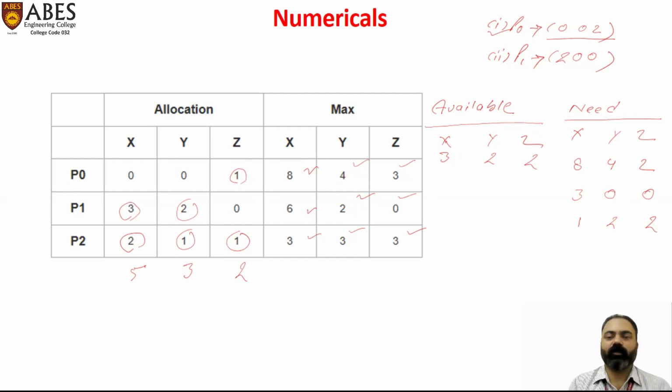So if we allocate, then Z allocation will increase and will be 3. And need will be 8, 4, and this will be 0. Availability will decrease. So now availability will be 3, 2, 0.